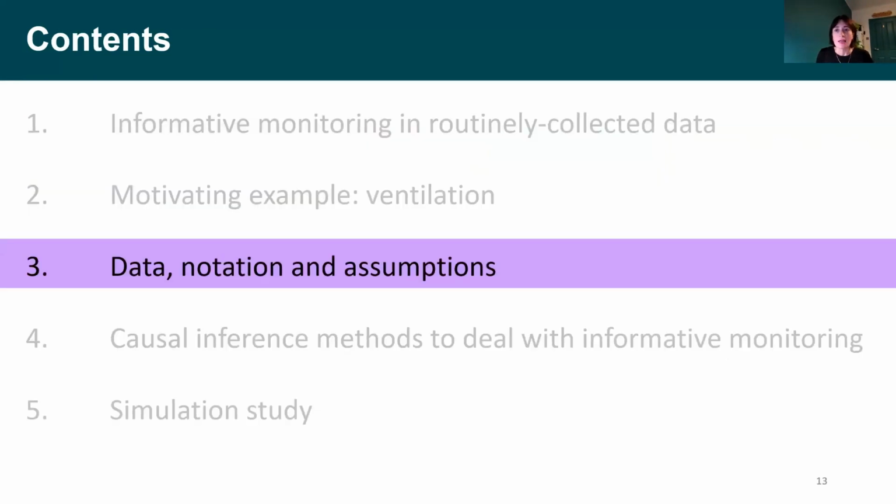So in the next few slides, I'll describe the observed data structure under informative monitoring using a causal DAG or directed acyclic graph. And I'll introduce some notation and our causal estimand of interest and the identifying assumptions that we require in order to estimate this causal estimand from our observed data.